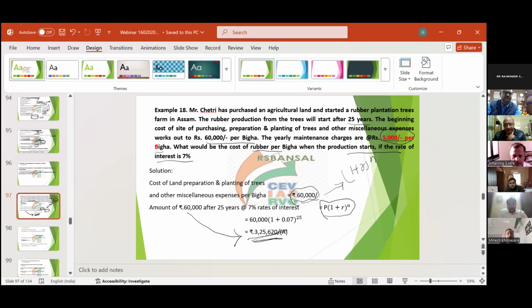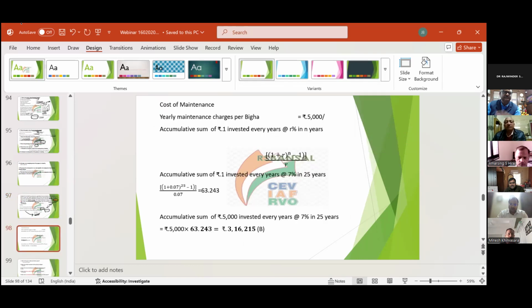Sir, accumulated sum. We will be finding a cumulative sum of rupees 5,000 per acre per year for 25 years. So you can do it easily. The formula for a cumulative sum, the future value, is (1 plus r raised to power n minus 1) upon r. You put all the values, r is 0.07, n is 25.